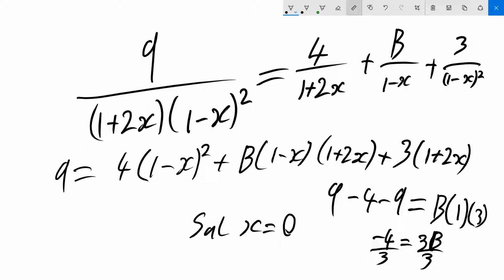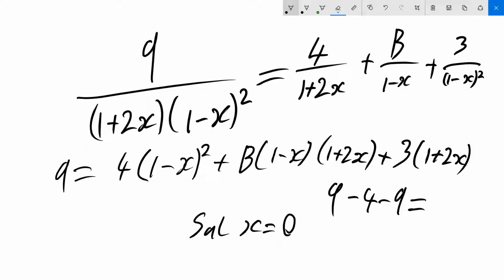oh no, no, I screwed up. So we have b lots of 1 minus 0, that's just 1, and 2 times 0 is 0, times 1. And then this over here cancels down to negative 4, and that equals b.